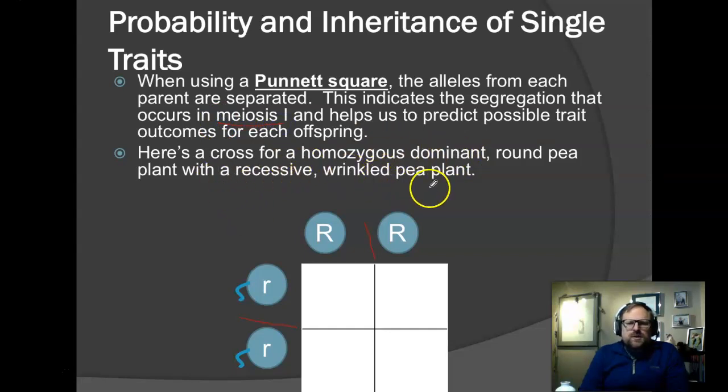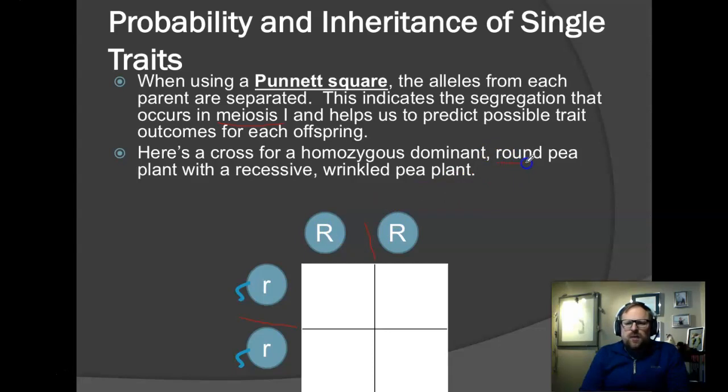So this is a cross of a homozygous dominant round pea plant, so that's the R for round pea, versus the recessive wrinkled pea. Something I didn't say in the last concept that I'll mention now is we often choose the letters based on what the dominant trait would appear like.